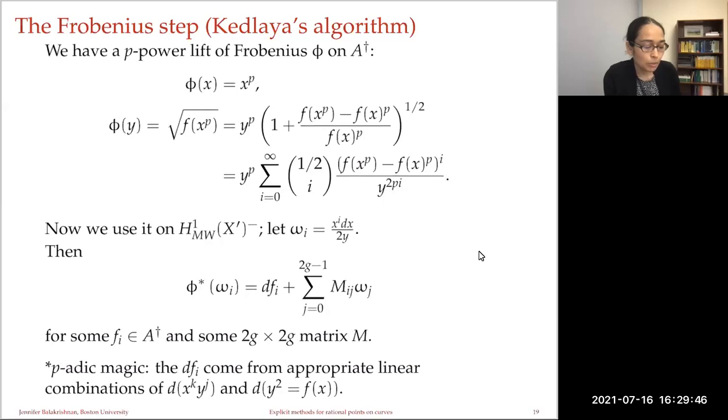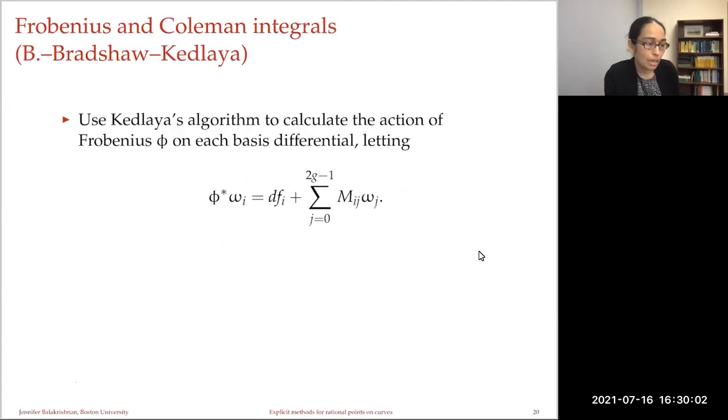All right, so the output of Kedlaya's algorithm is this expression that the pullback of Frobenius on some omega i can be written as a linear combination of the basis elements plus this exact form, this dfi. All right, and then now we plug this into our setup.